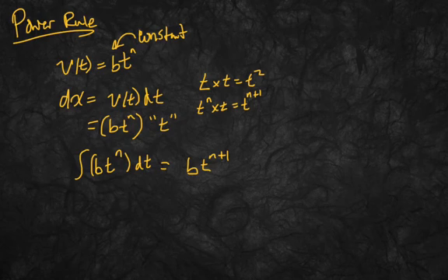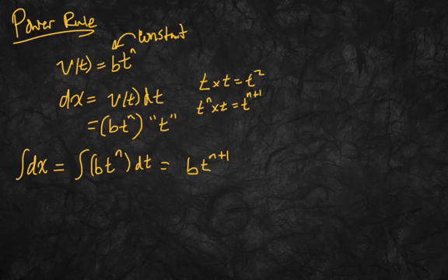So if we take the integral of this, the integral of dx still equals that. We integrate both sides, and the integral of bt to the n dt equals bt to the n plus 1, because we're multiplying by that t.